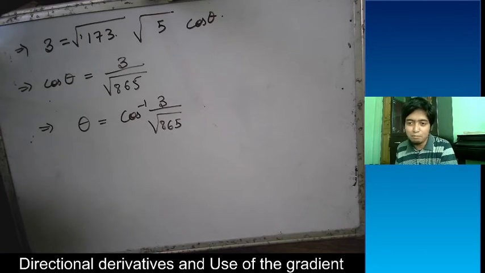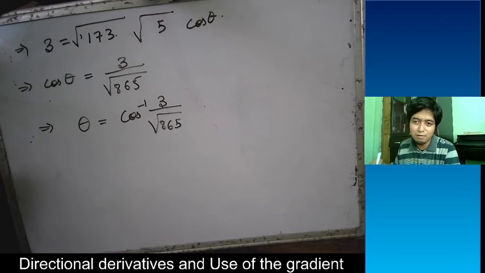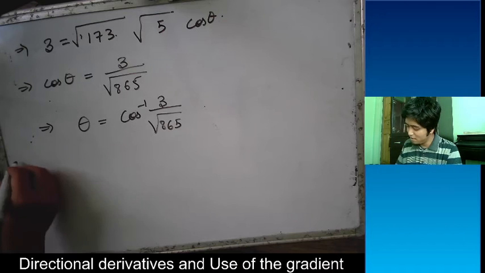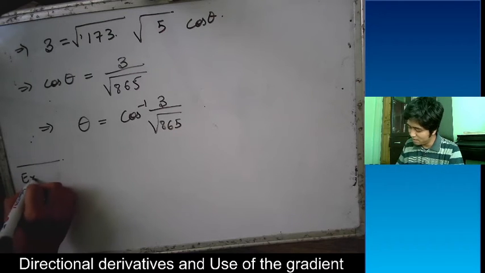One particular example where you can use this formula is when you calculate the angle between two planes. A plane is also a surface, right? So maybe you can try one of these as an exercise.